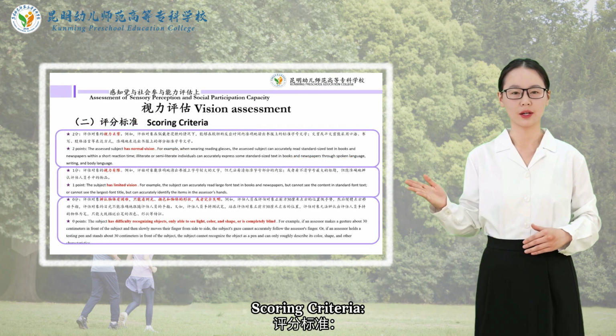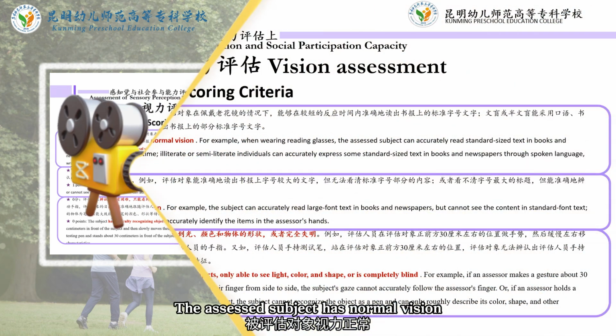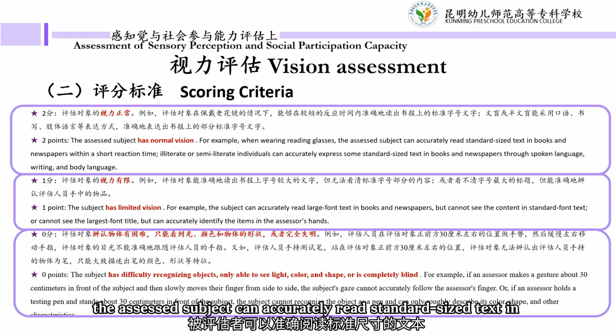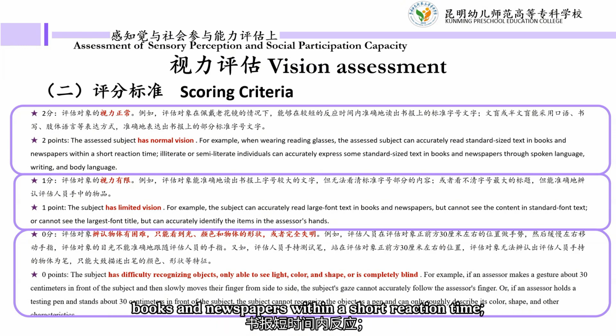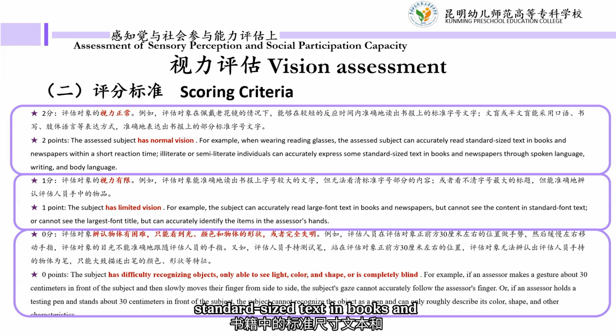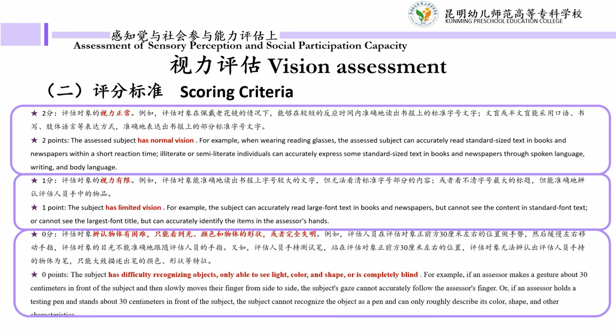Scoring criteria: 2 points. The assessed subject has normal vision. For example, when wearing reading glasses, the assessed subject can accurately read standard-sized text in books and newspapers within a short reaction time. Illiterate or semi-literate individuals can accurately express some standard-sized text in books and newspapers through spoken language, writing and body language. 1 point.